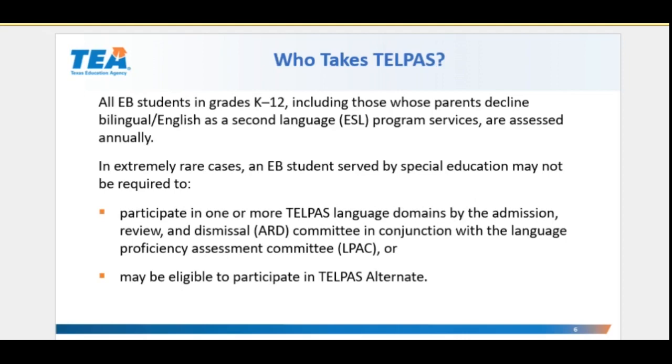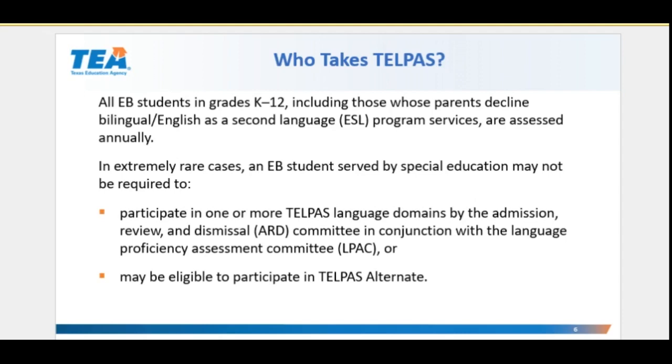The decision to administer TELPAS alternate or to grant an ARD exemption in one or more domains in the general TELPAS is to be addressed by the ELPAC and ARD committees prior to administering TELPAS and TELPAS alternate and documented in the student's individualized education program, IEP.